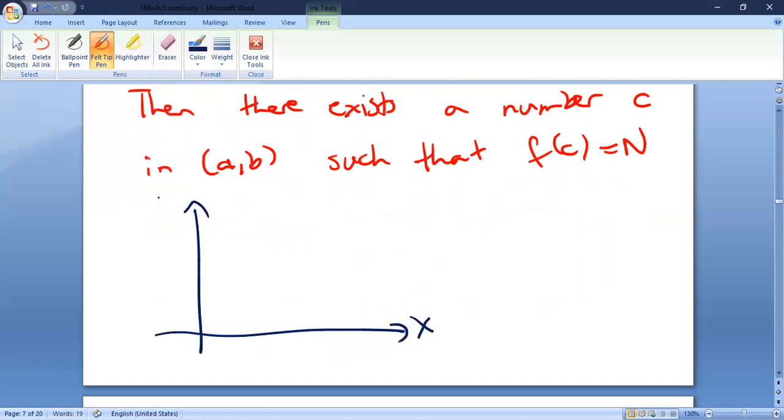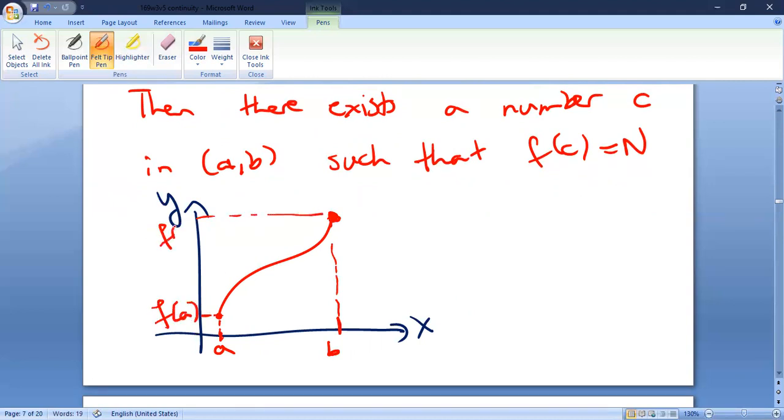Okay, so this is x, this is y, and then let's say this is A, let's say this is B. So this is where f of A is, and this is where f of B is, right?